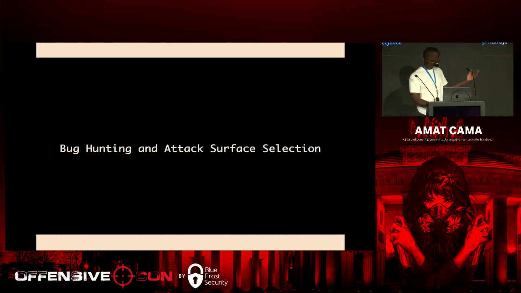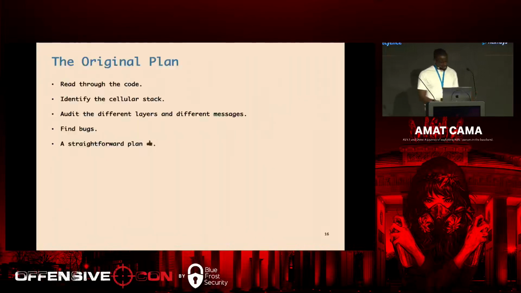Yeah, that's basically the basics for reversing this thing, I guess. So now let's talk about bug hunting and attack surface selection. I was hesitant when I was picking the name for this talk because I wanted to convey the idea that it's more about selecting attack surfaces than really ASN1, and you'll see what I mean by that.